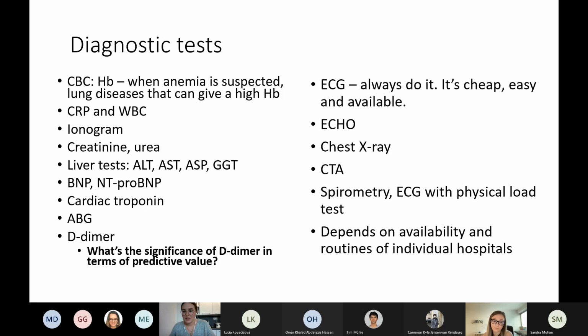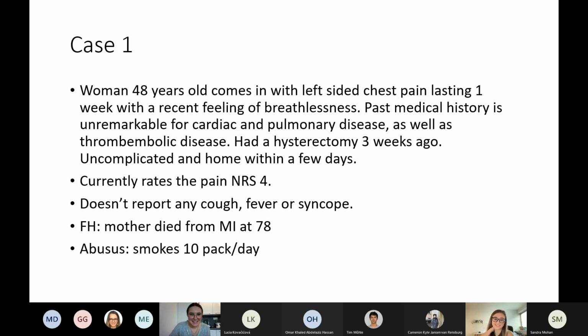But on the contrary, it does not have a positive predictive value, meaning that an elevated D-dimer does not diagnose a pulmonary embolism, because D-dimers can be elevated in a number of situations, such as infection and post-operative thrombotic events. But yeah, so it has a negative predictive value. Okay. Did you understand? Yes. Okay, perfect. Thank you.